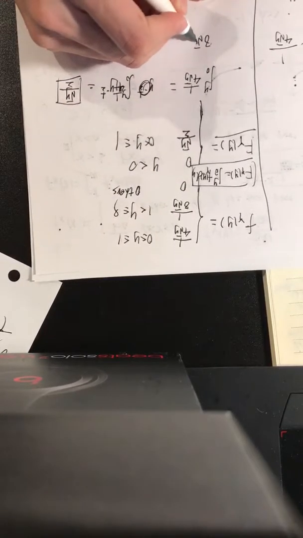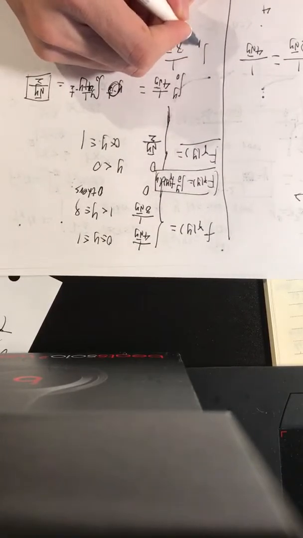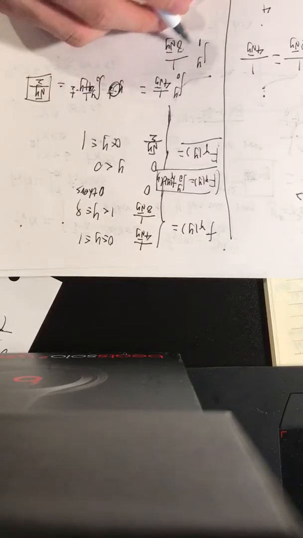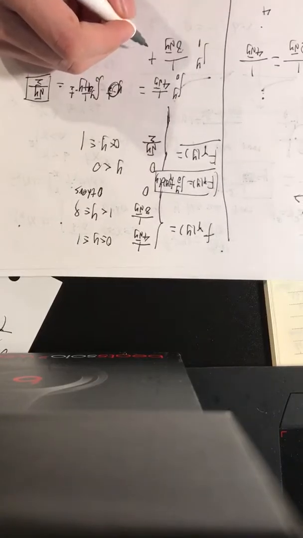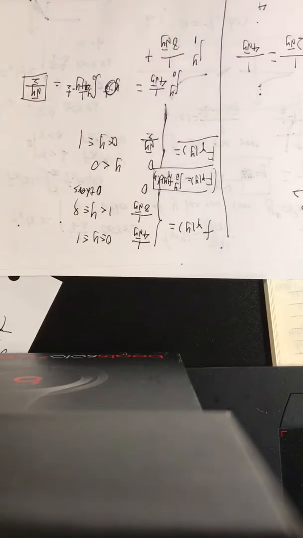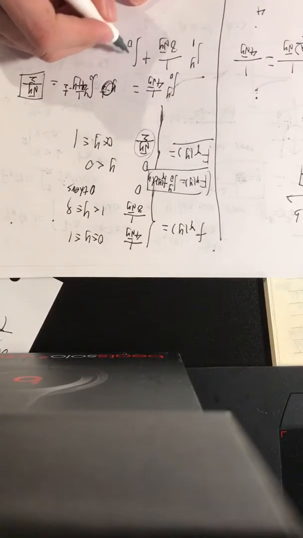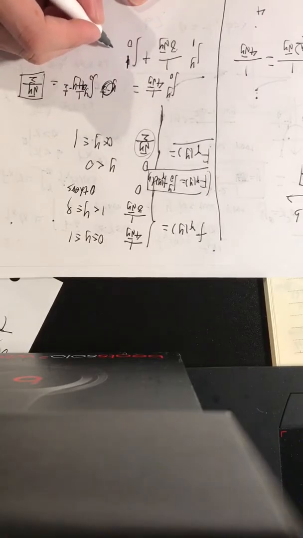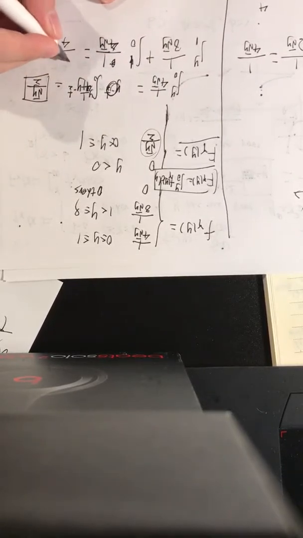If it begins from 1 to y, plus also it should be plus this part, and finally we can get it.